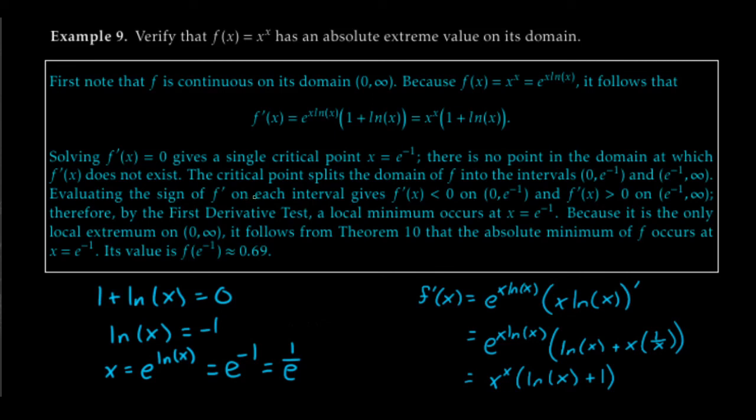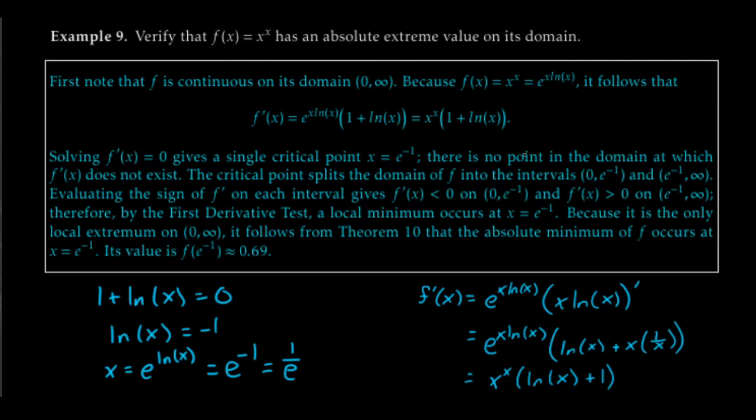So we could pick something very, very small, like 0.00001. A small positive number to a small positive number power is once again positive. 1 plus the natural log of a very small positive number: natural log, remember, approaches negative infinity as x approaches 0. So this guy will end up being negative on the interval from 0 up to e to the -1.